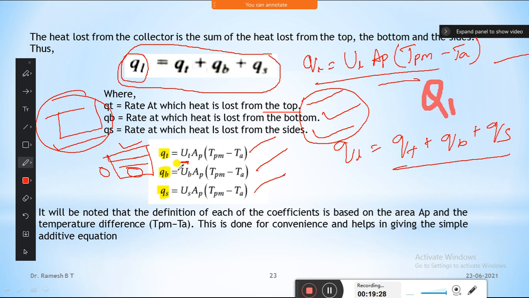For the bottom it is UB, and for the side it becomes US. These are the heat loss coefficients: for the top, for the bottom, and for the side. If you consider the whole, it becomes QL and UL. UL is the total overall heat loss coefficient, but UT is the coefficient for the top only, UB for the bottom, and US for the side.